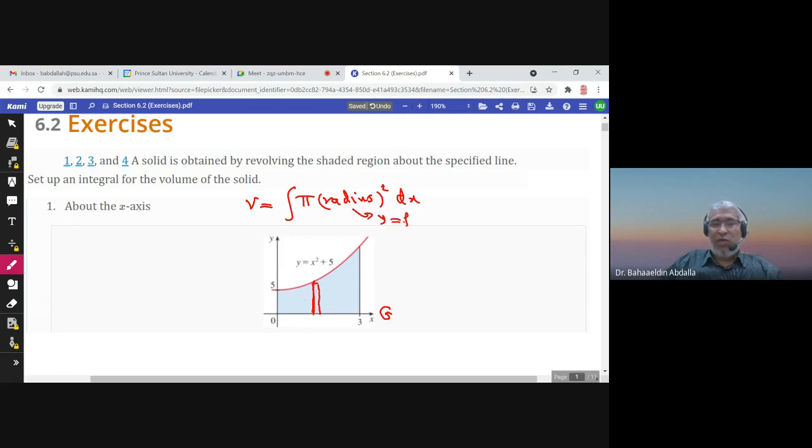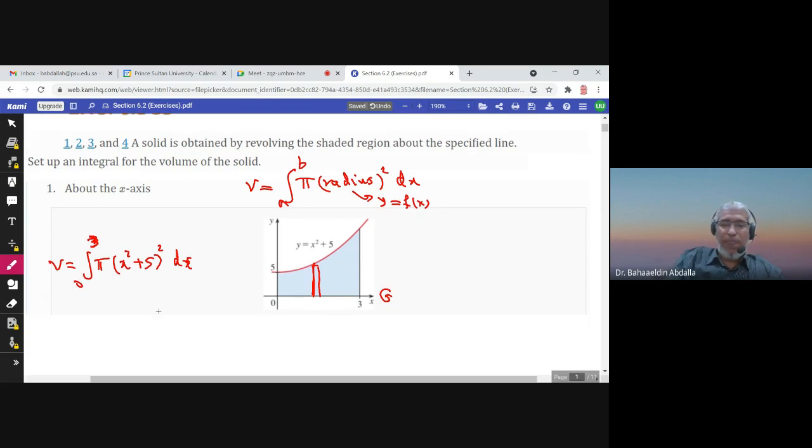So the radius here is always y equals f of x, which is x squared plus 5. So the integral would be the integral from, of course, a to b. Look at x here, from where? From 0 to 3, pi, and the radius is x squared plus 5 to the power 2 dx. And that's the integral.